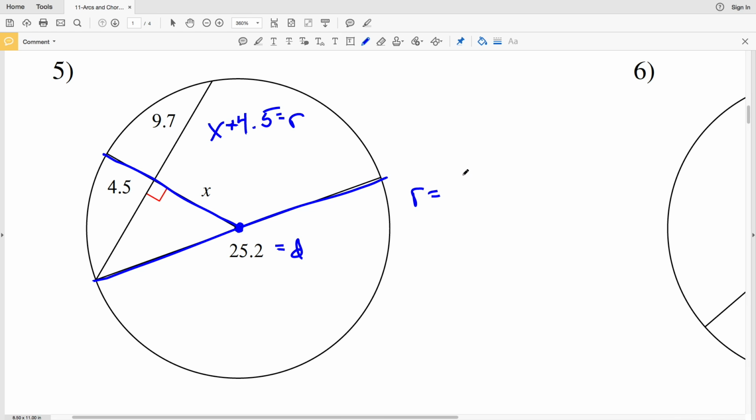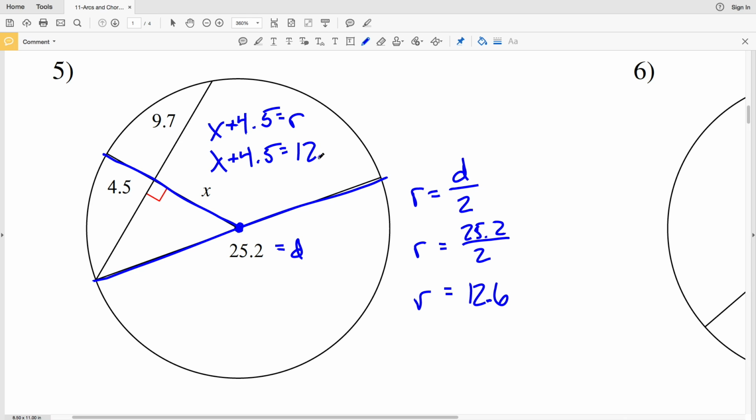Therefore, the radius is equal to the diameter divided by 2, so r will equal 25.2 divided by 2, which is 12.6. If we take 12.6 for r and plug that into our equation, we'll get x plus 4.5 equals 12.6.